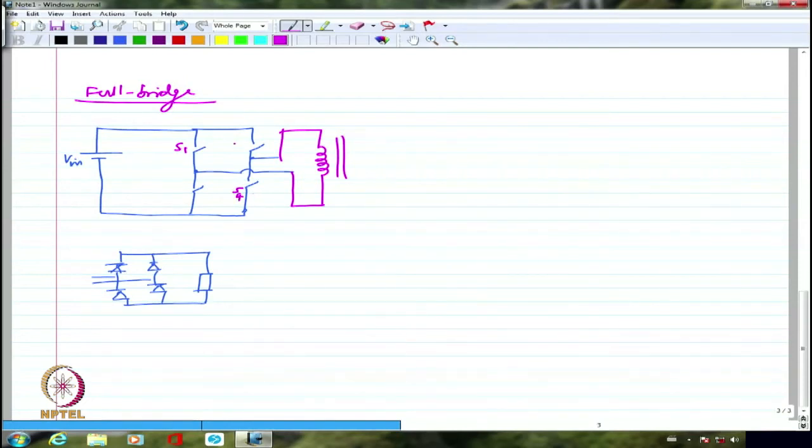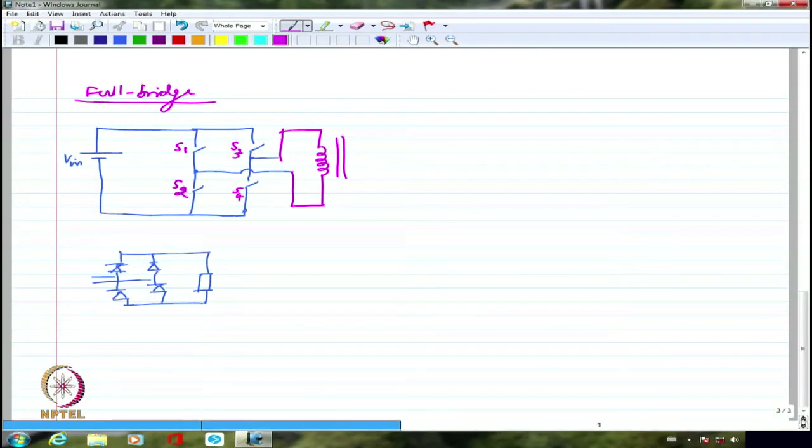This is S2, S3, or S3, S2, either way is fine. S1 and S2 are complementary, S3 and S4 are complementary. They will not conduct at the same time. They are mutually exclusive, because if I try to give firing pulses to both of them, again there will be a shoot through. So I have to be careful not to give the firing pulses to S1 and S2 together, and S3 and S4 together.